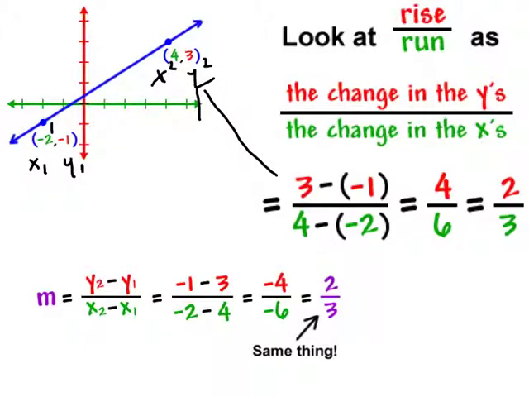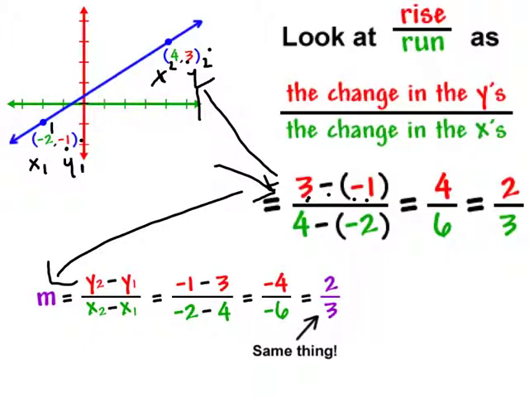Now you're going to see, by looking at the way it's worked out in this equation and then the way it's worked in this equation, that it doesn't really matter which one you choose for the first and which for the second, because it's going to come out the same. Let's say this 3 here is y of the second, and then minus y of the first, which is -1.